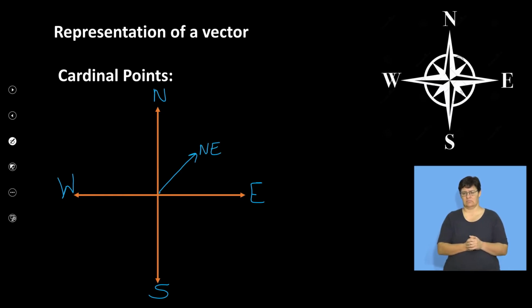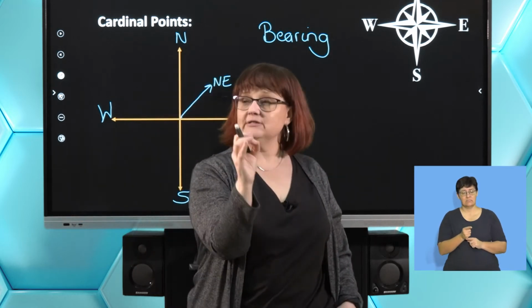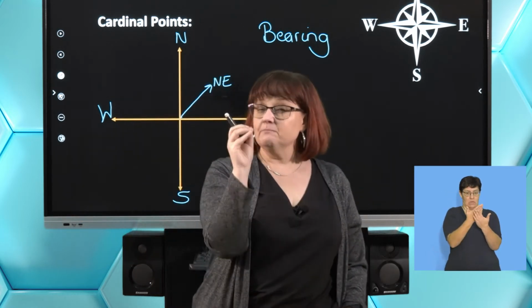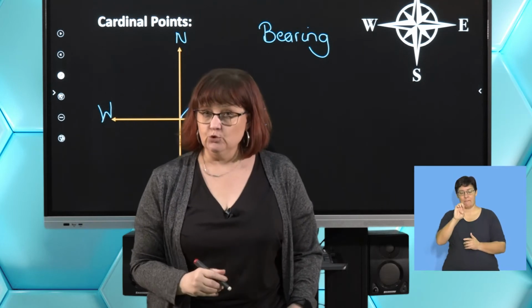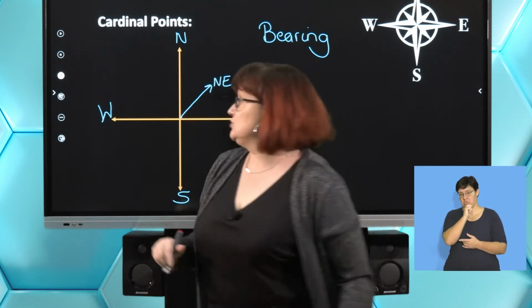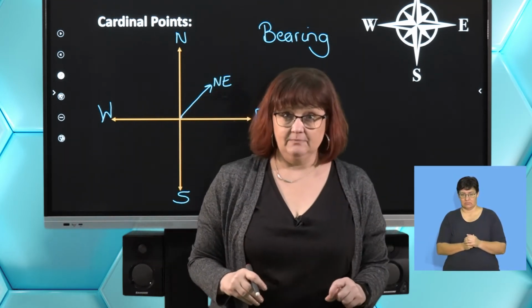You've done that. The issue comes in when I use a thing called bearing. Because actually, we want our directions to be as accurate as possible. And bearing is actually more useful. Bearing is not like the Cartesian plane in maths.